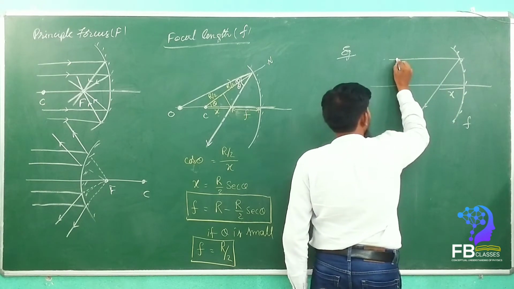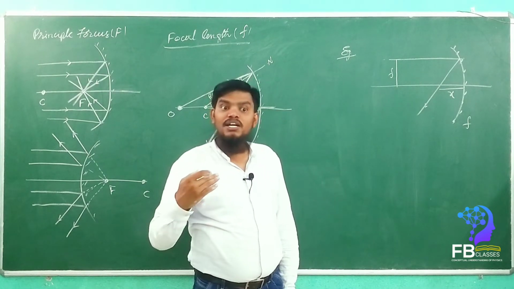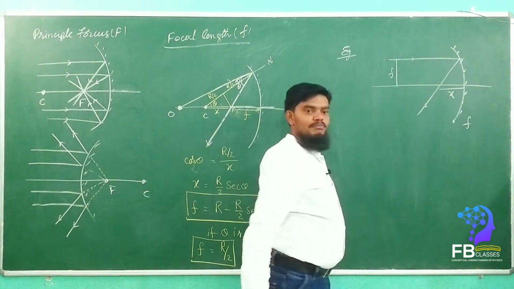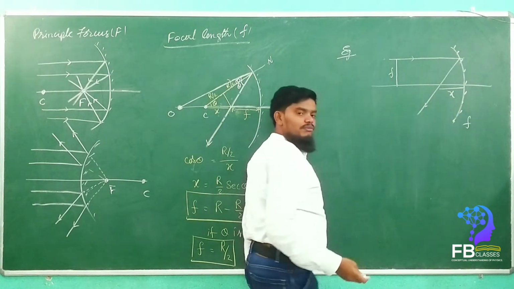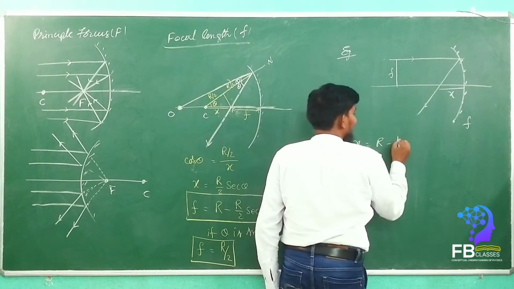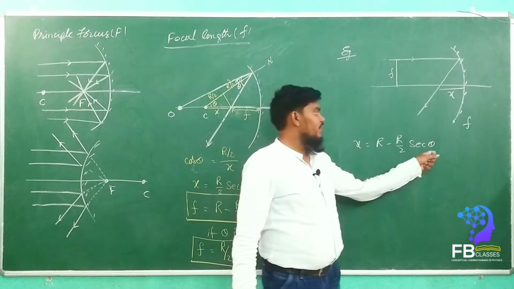The incident ray travels f length above the principal axis. Now we know very well what the x value is here, my dears. X is equal to r minus r by 2 secant theta. Yes or no? We just have to find the theta value here.